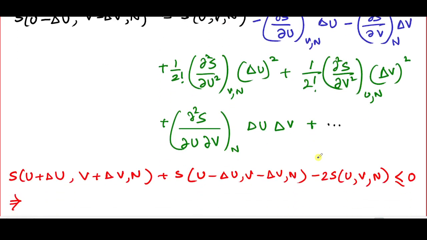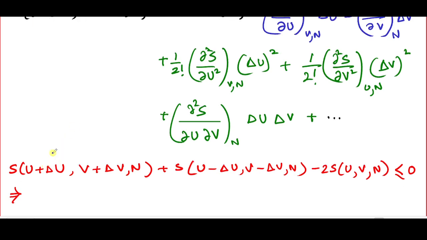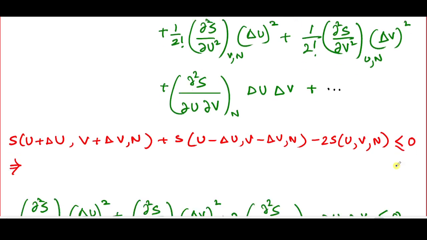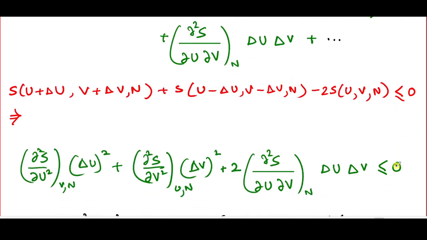So what you get when you subtract twice S(U, V, N) from this sum and expect that to be less than or equal to 0, that's the concavity condition, you would end up with this expression, the second order term, to be less than or equal to 0. Of course, there are higher order terms as well, but for sufficiently small delta U and delta V, you can ignore those higher order terms compared to the second order ones.